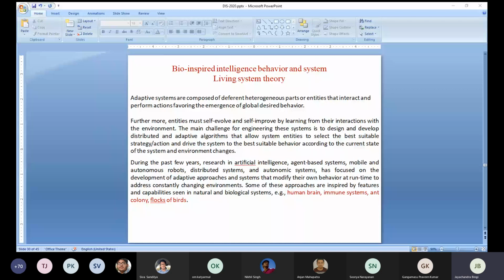Here, these are very important phenomena you observe in nature, which are related to self-evolution. Second, self-improvement. Third, self-aware.